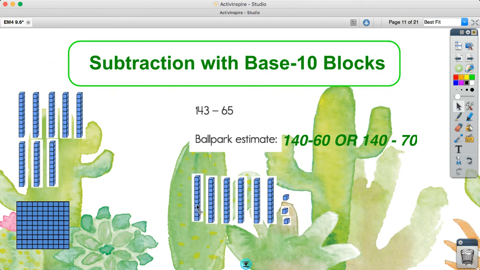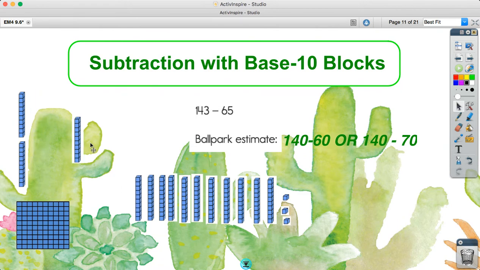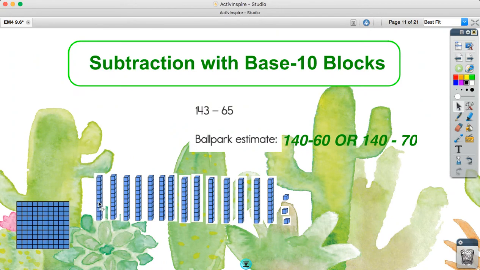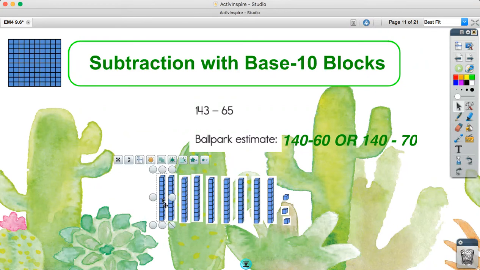1, 2, 3, 4, 5, 6, 7, 8, 9, and 10. We'll move this one up here. Now I can subtract my 6 longs. 1, 2, 3, 4, 5, and 6.